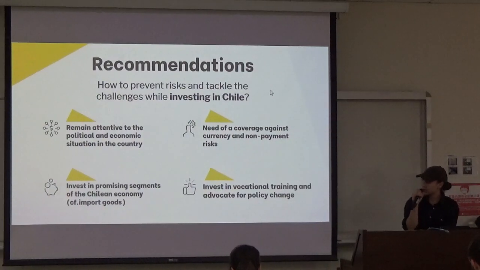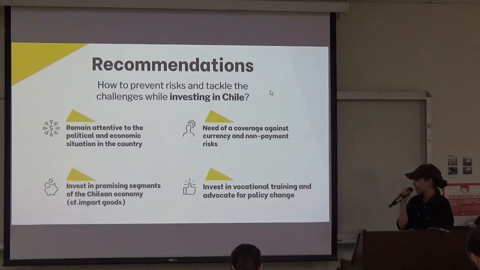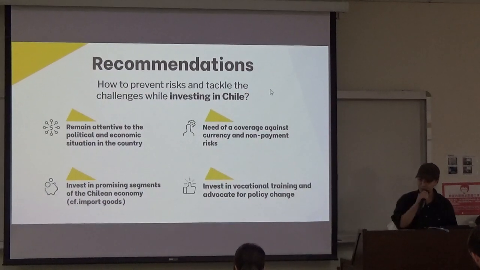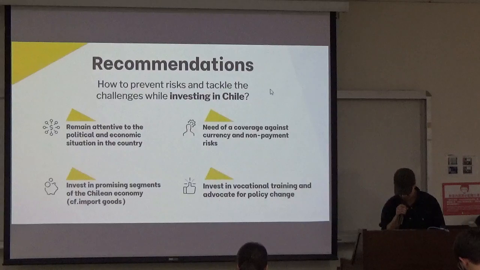Third, invest in promising segments of the Chilean economy in which there is a high demand, maybe machinery, electrical machinery, vehicles, parts, and that. And finally, invest in vocational training and advocate for policy change in order to fight against the unemployment rate, which is very high. Thank you very much.